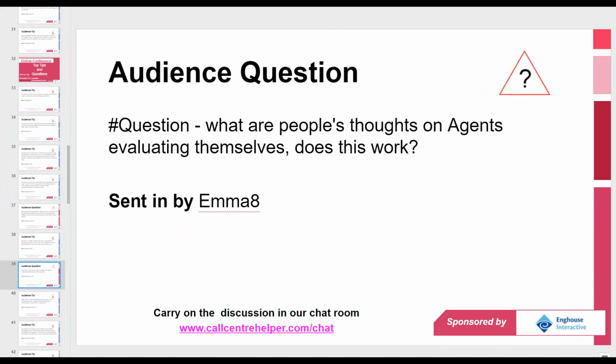So yes, I would say yes. We've seen it a few times. Motability Operations a couple of years ago talked about taking responsibility for your own performance, doing your self-evaluation, having those conversations, identifying where you feel you need to improve or what you do particularly well, and that becomes the basis of the coaching discussion.